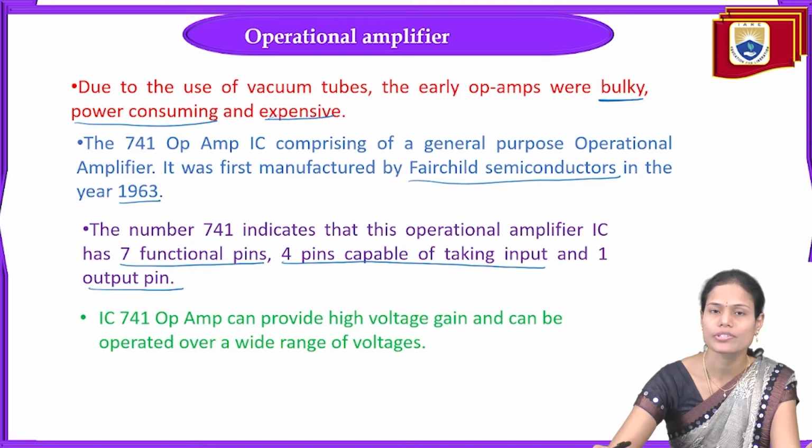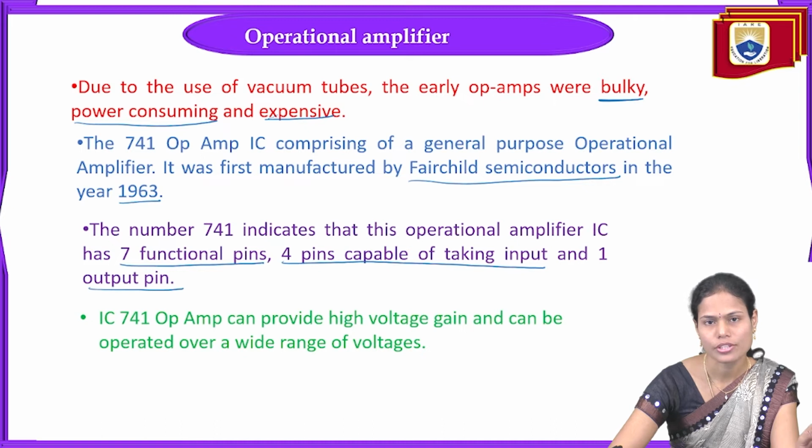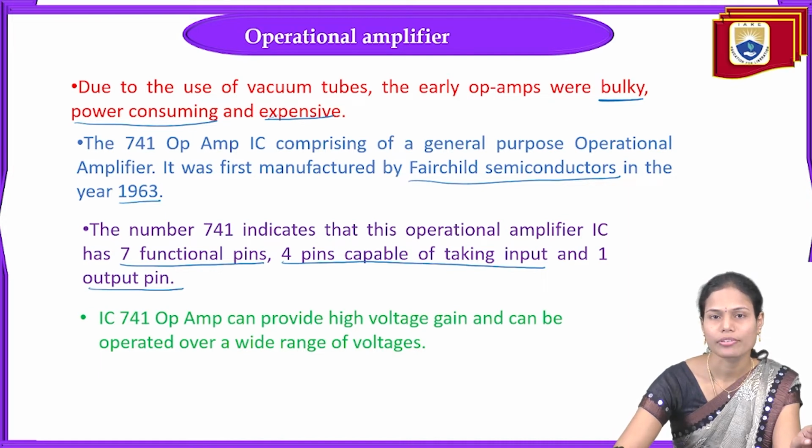So this operational amplifier can amplify the whole frequency range of signals. Normal single stage amplifiers are restricted to low frequency signals, and multi-stage amplifiers are restricted to mid-frequency range signals. Differential amplifiers as well as operational amplifiers can amplify the whole frequency range of signals.